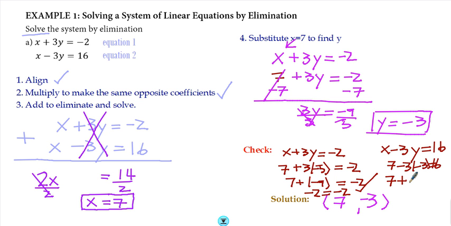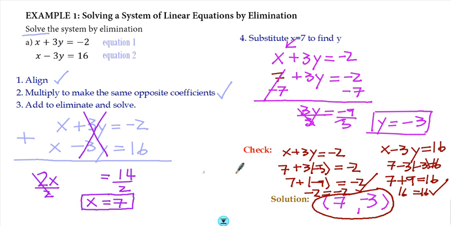So plus 9 equals 16. And is that true? Yes, 7 plus 9 is 16, and that's equal to 16, so it's correct. The solution, 7 comma negative 3, works in both equations, so that must be the correct answer.